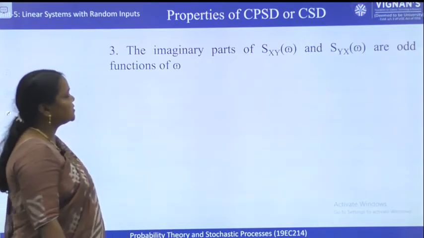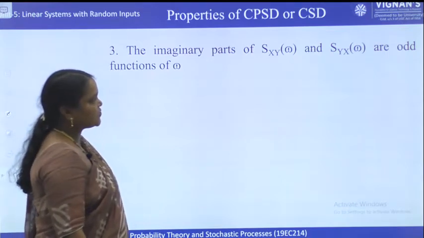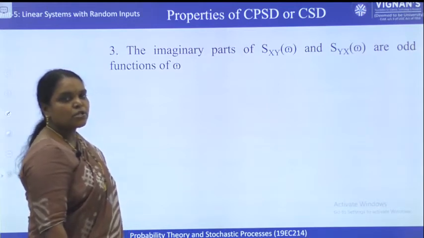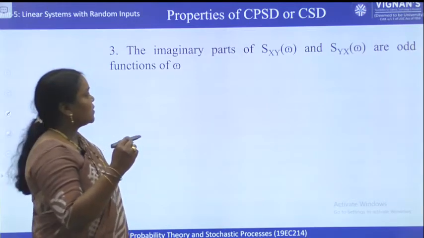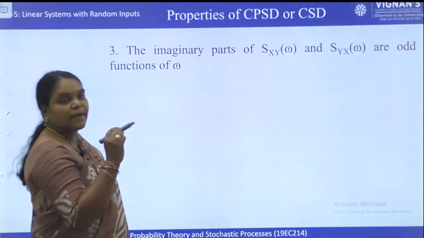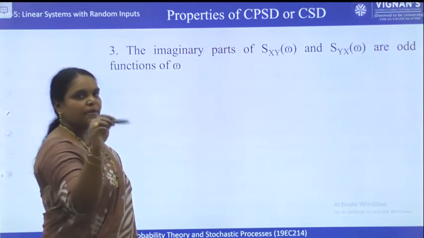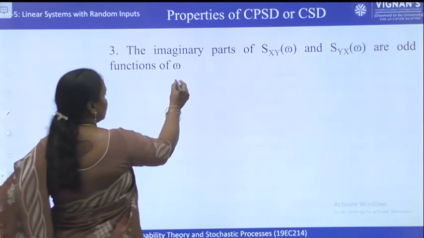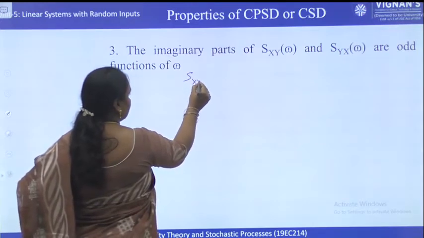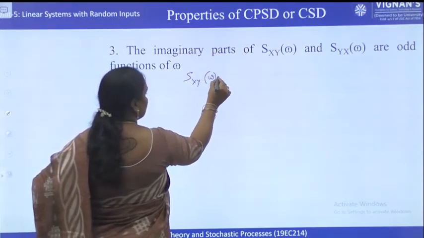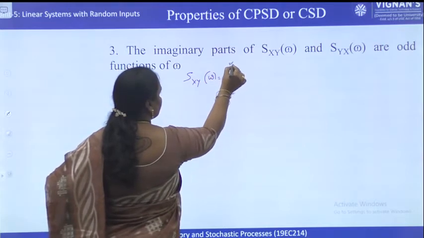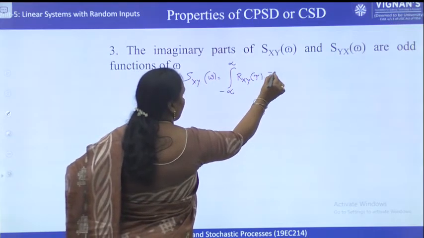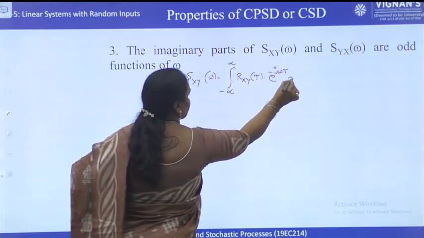The next property is the imaginary parts of Sxy of omega and Syx of omega are odd functions of omega. So, odd functions means if we replace omega with minus omega, it should result in minus of Sxy of omega or Syx of omega. So, here first let us define Sxy of omega is equal to integral minus infinity to infinity r xy of tau e power minus j omega tau d tau.